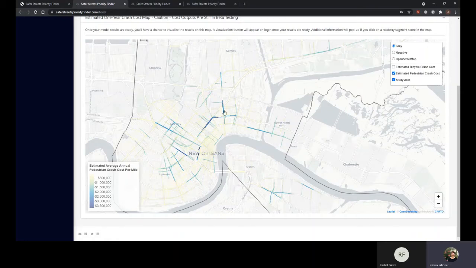So on a major arterial, for example, the model is using both the number of and density of crashes that have already happened there, as well as information from this pedestrian fatalities model and information coming from the fact that it's a major arterial. And so this is useful because we know that crashes are statistically rare.